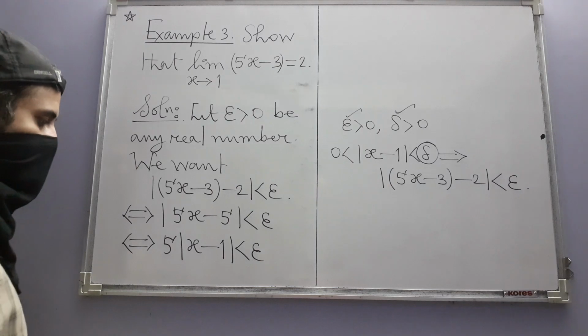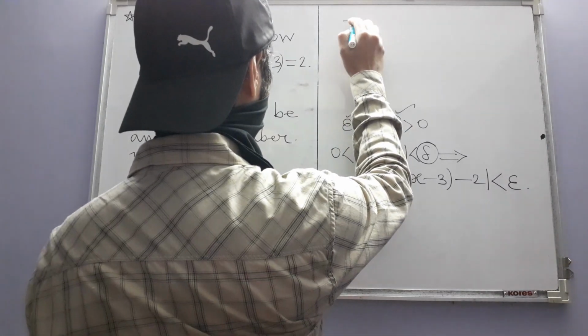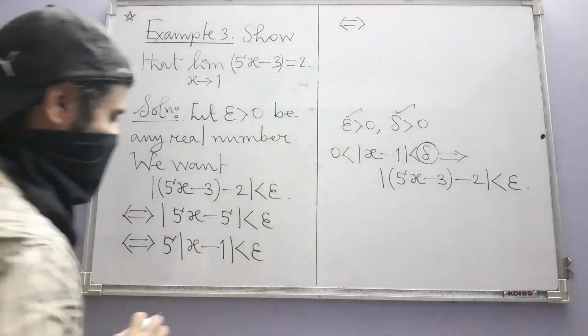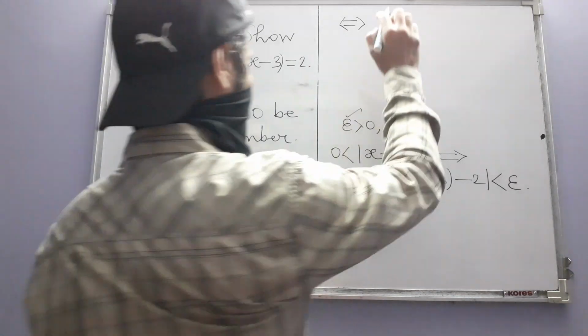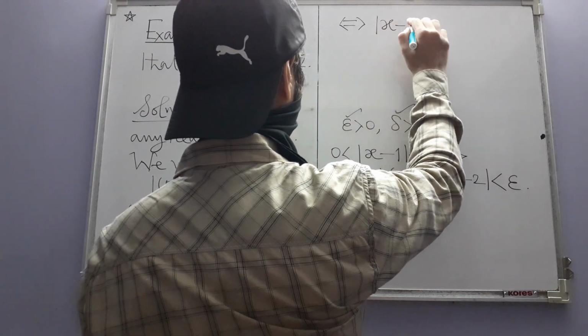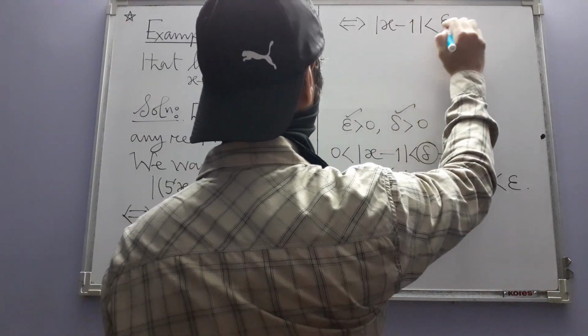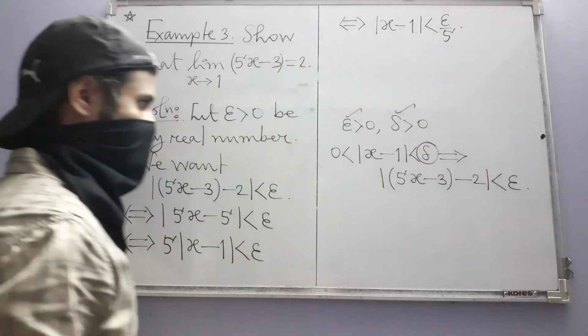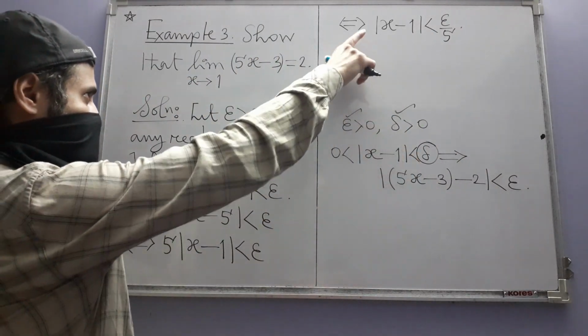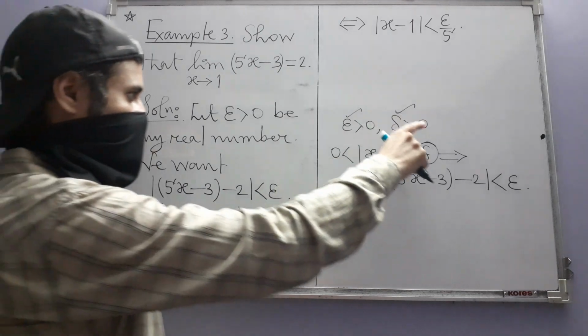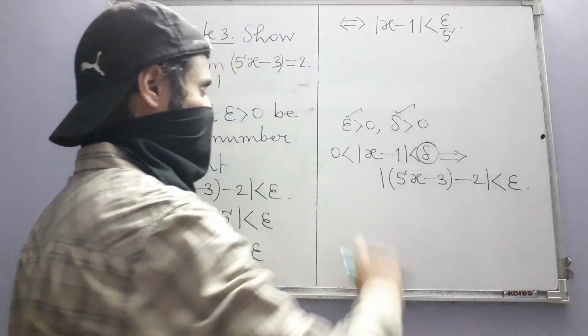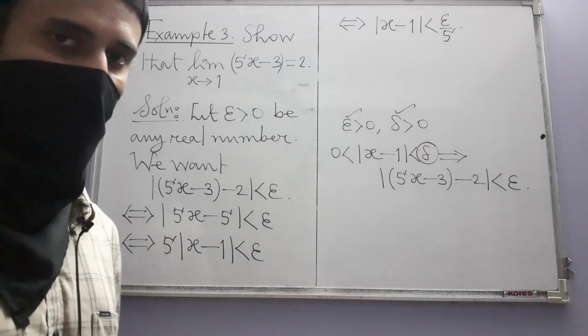This, and that in turn, because 5 is positive, is equivalent to this. So comparing this and this, you can clearly see that in place of delta we can just take epsilon over 5.